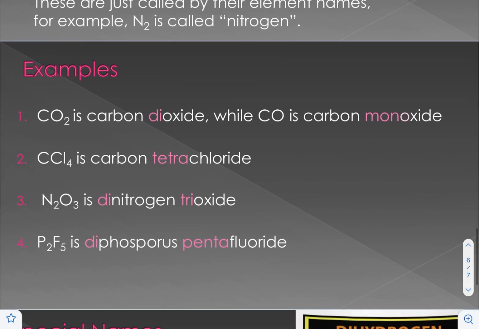Here are some examples for you. This one I went over already. CO2 is carbon dioxide. CO is carbon monoxide. Now you'll notice here that the O is the same O that's in the oxygen. That sometimes happens if it starts with a vowel.